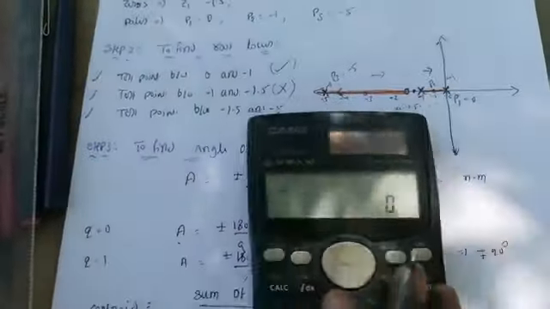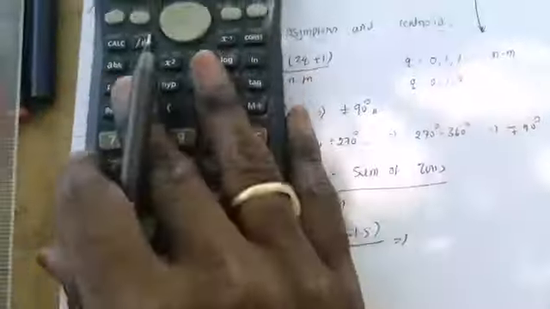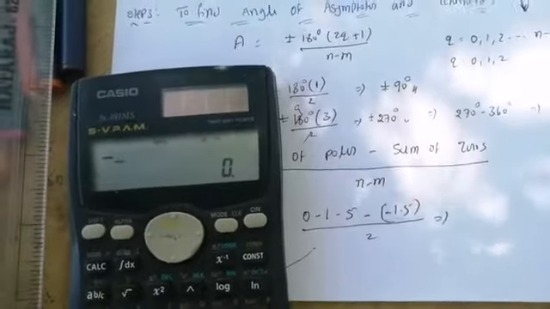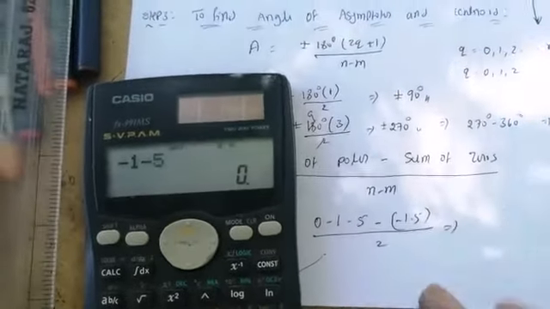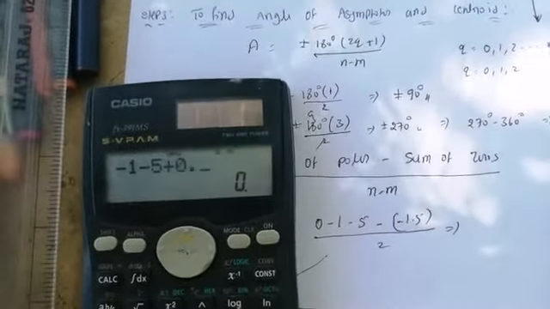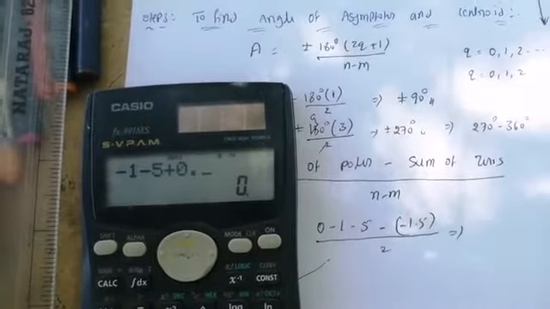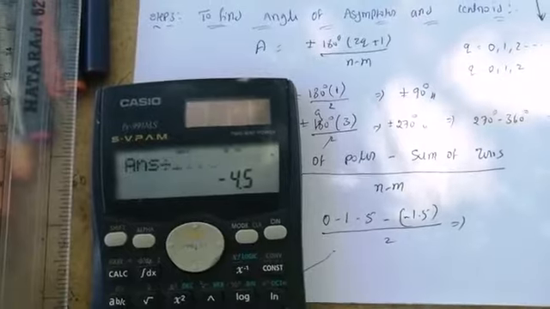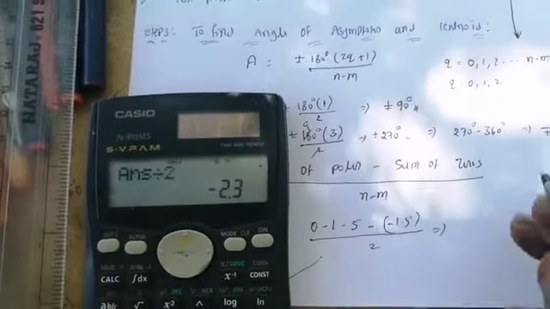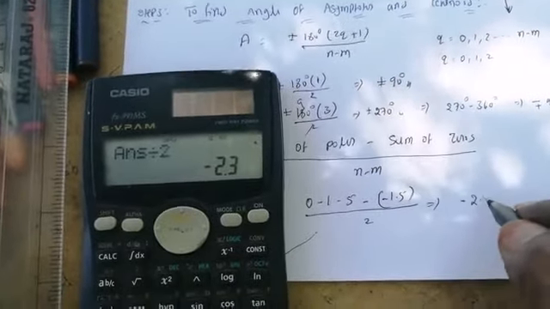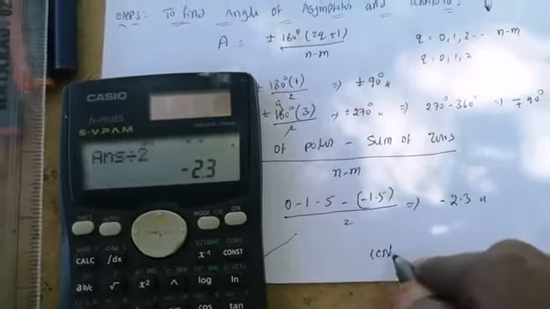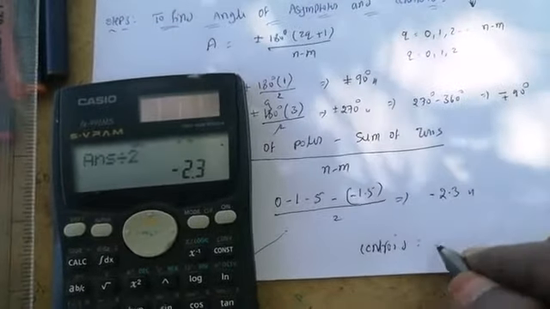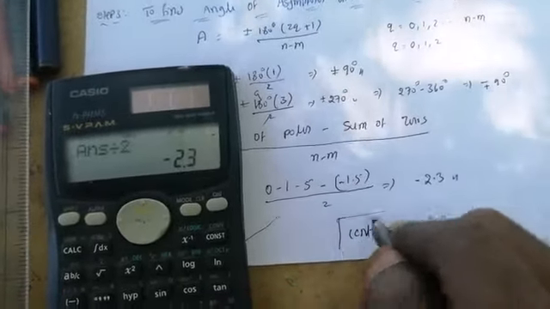So we get minus 1 minus 5 plus 1.5 divided by 2, which is minus 2.3. So the centroid equals minus 2.3.